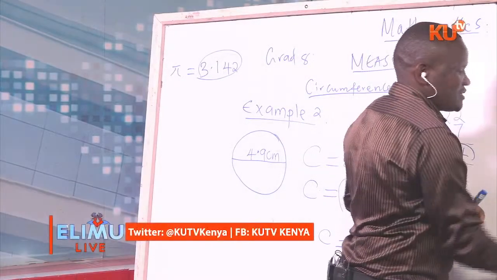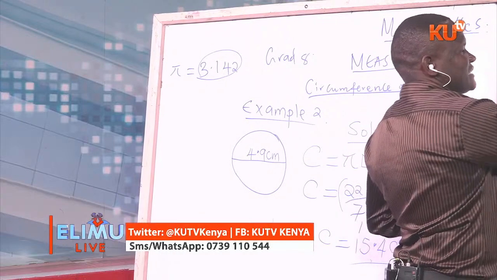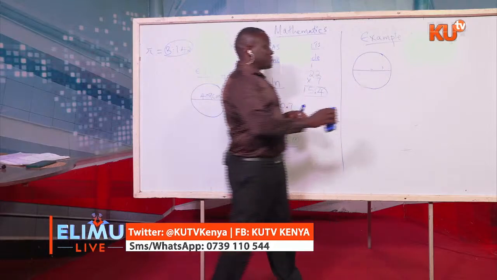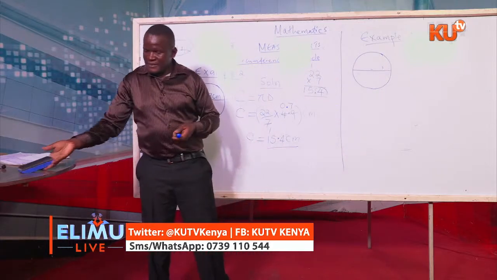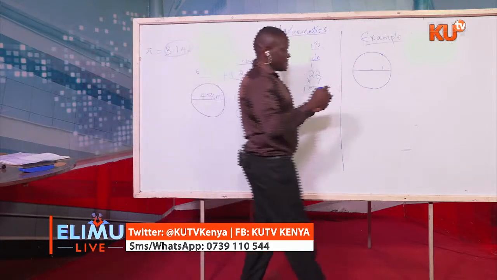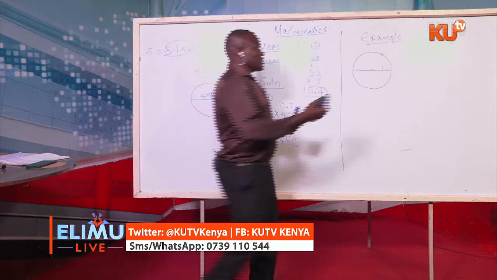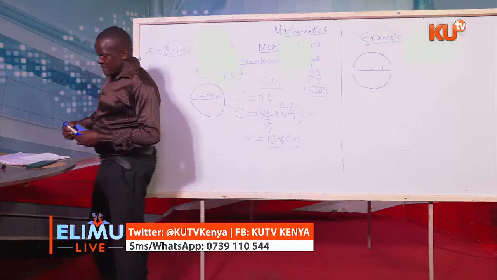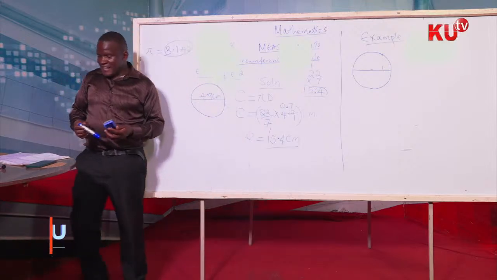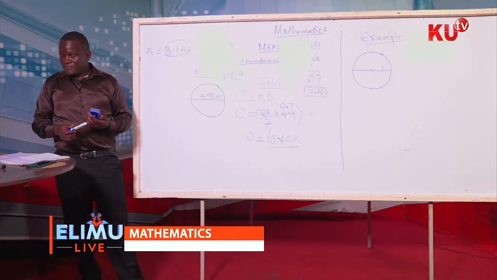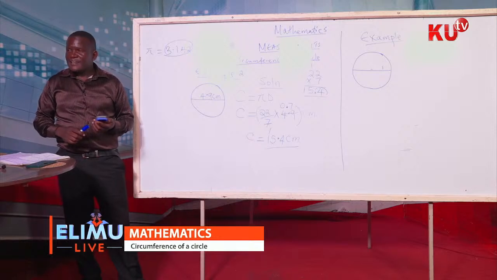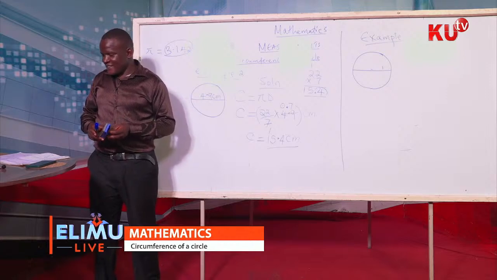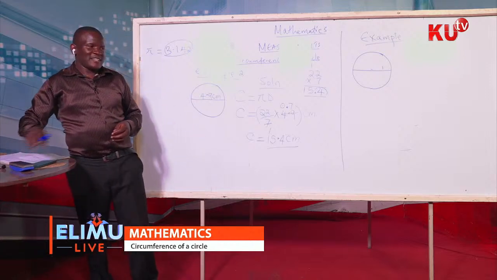Allow me now to move to the next example, that is example 3. In our example 3, we have the diameter of a wheel. The diameter of a wheel is 49 centimeters. Find the circumference of the wheel.